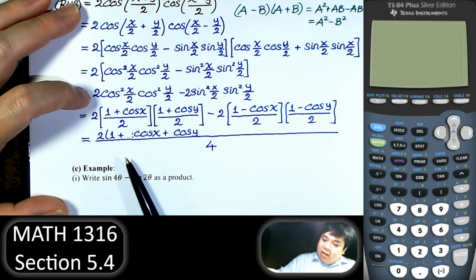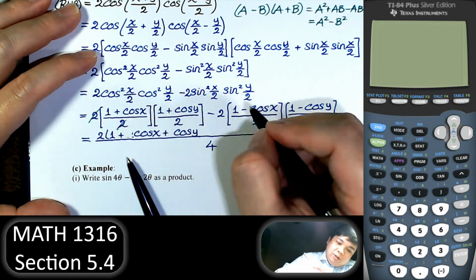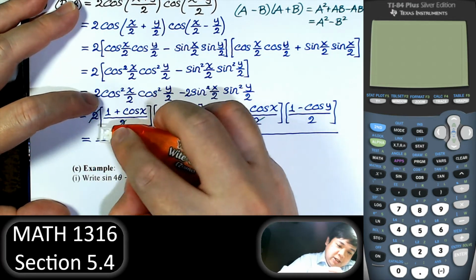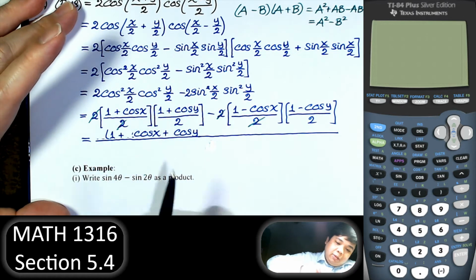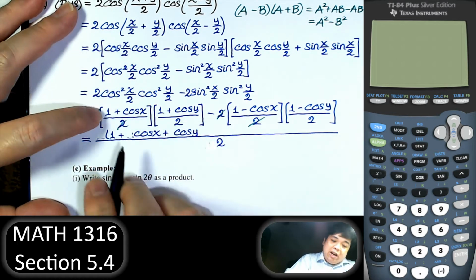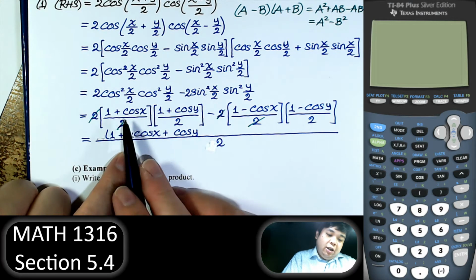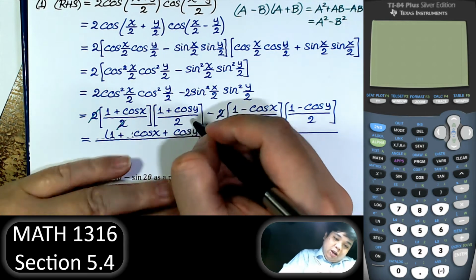It's better yet, just cancel one of the 2, so we don't have the 2 here. I'll just have the 2 at the bottom. Right, now multiply them out. 1 times cosine, 1 cosine, cosine, and then cosine x cosine y.